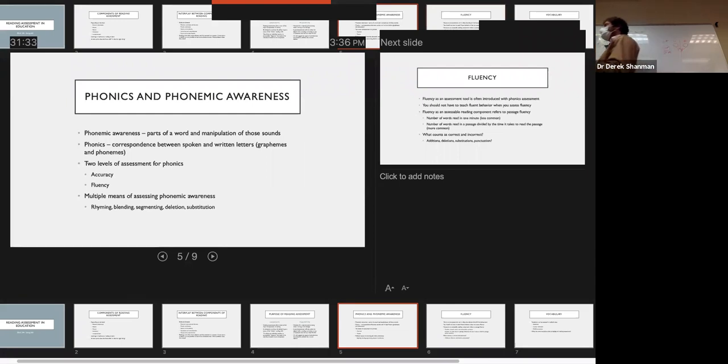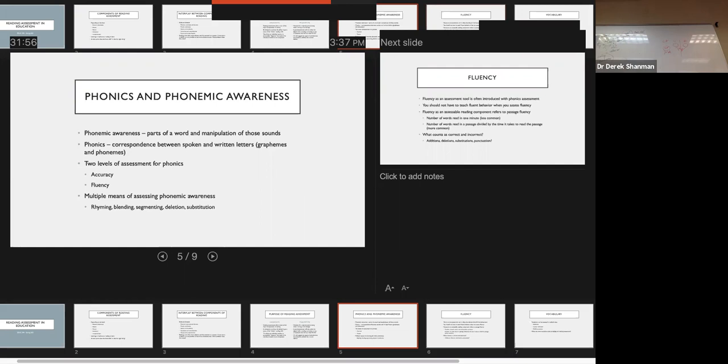All right, good. So we have the manipulation of words as phonemic awareness. The assessments that go along with that are very activity based, right? All of those phonemic skills, the rhyming, blending, segmenting, whatnot. Phonics is much more akin, from an assessment perspective, to something like drill and kill.